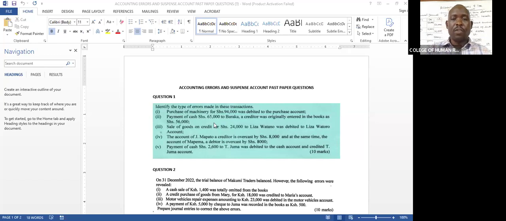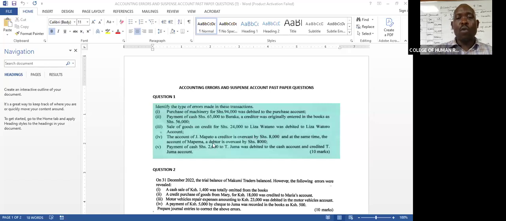Sale of goods on credit 24,000 to Liza Watano was debited to Liza Watoro. This is an error of commission, the wrong person. The account of J. Mapato, a creditor, is overcast by 8,000. At the same time, the account of Mapema, a debtor, was overcast by 8,000. These are known as compensating errors. We overcast the credit.